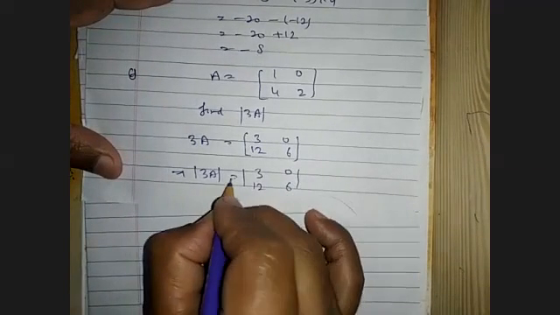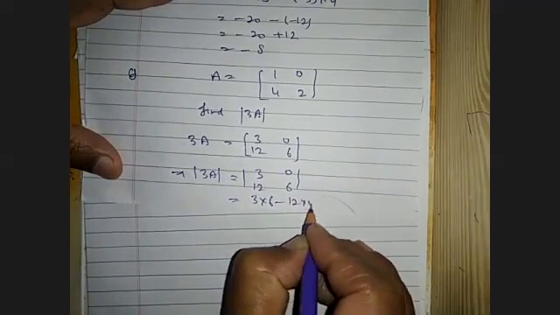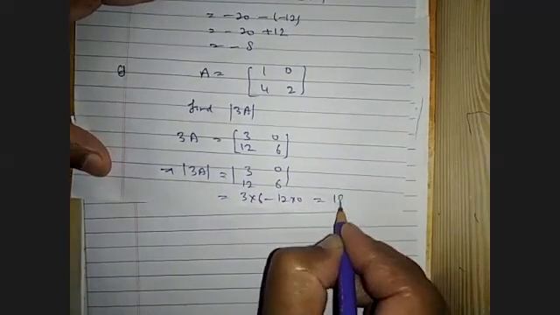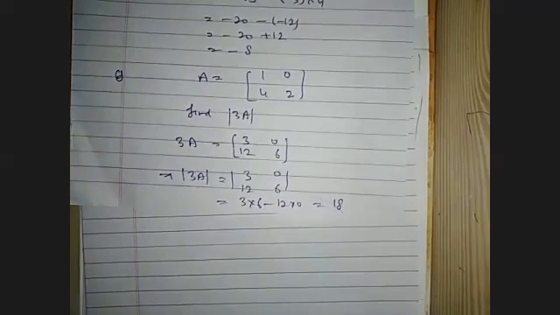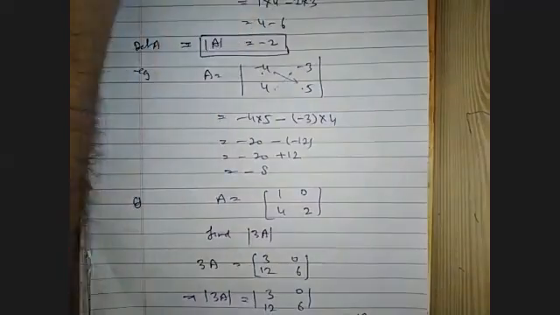Then the determinant equals 3 into 6 minus 12 into 0, that equals 18. That is the value of the determinant of 3A.